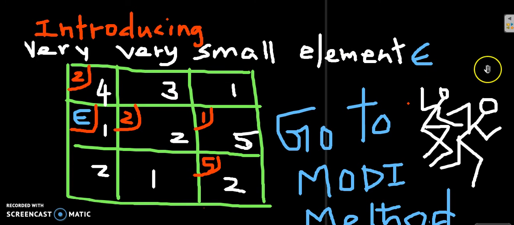So what we do there is assign a very small element, epsilon, or infinitesimal, meaning a very small, minute element. We can assign it here, or here, or here, at any of the least transportation cost cells. If we do so, then this degenerate solution becomes a non-degenerate solution, and then we can go for the MODI method.